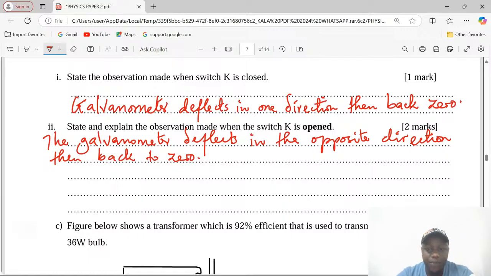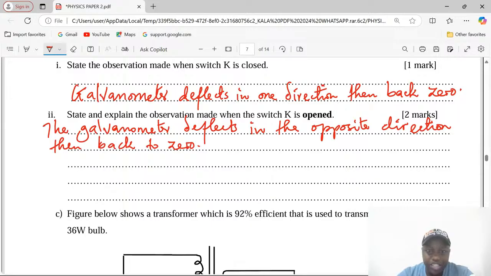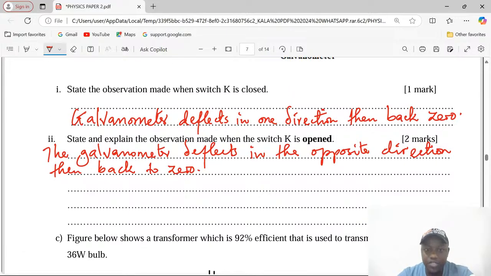Deflects in the opposite direction, then back to zero. Why does it happen so?